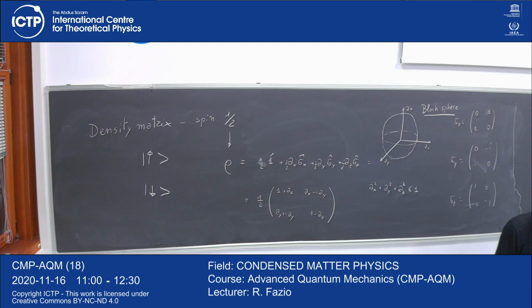For B, I think the state B should have beta and alpha interchanged. Probably I just made a mistake there. So in A, alpha should be in up and beta in down, and because they should be orthogonal, in B you should have beta in up and alpha in down. I don't remember what I wrote, but if this is a mistake, probably it should be this one. Okay? Thank you.